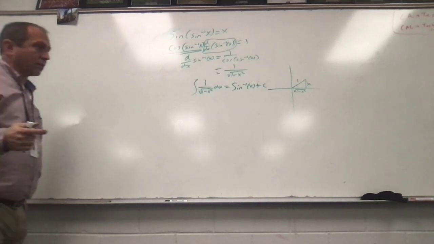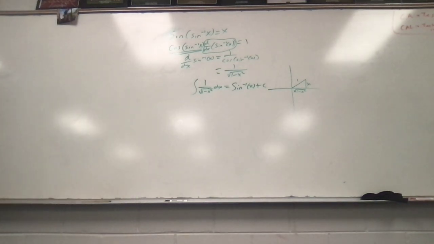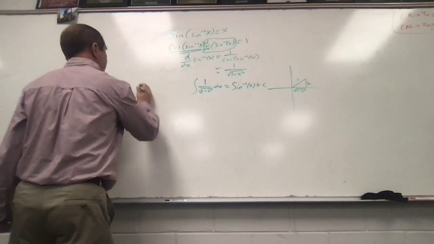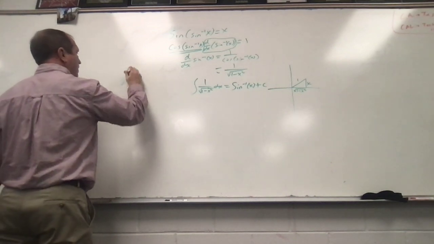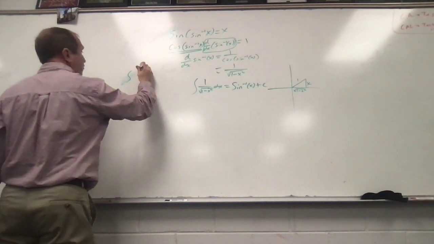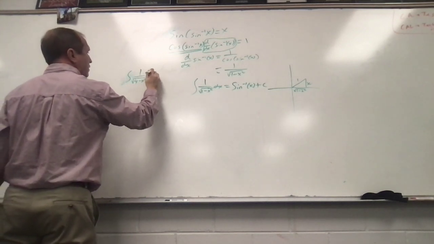All right. Well, I want to get into an example problem dealing with this real quick. So let's just say I want the antiderivative of 1 over the square root of 4 minus x squared dx.